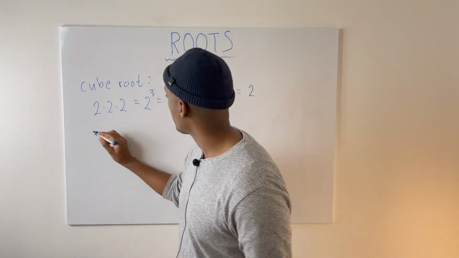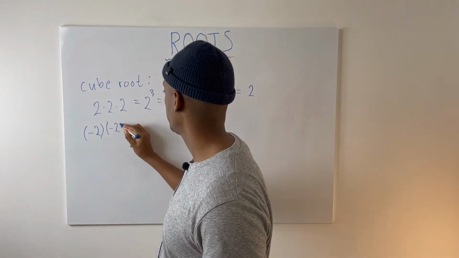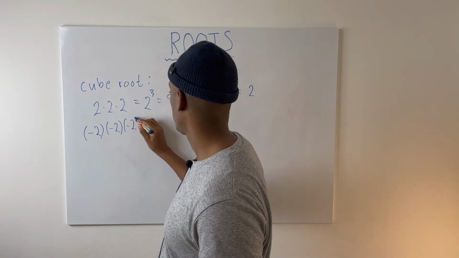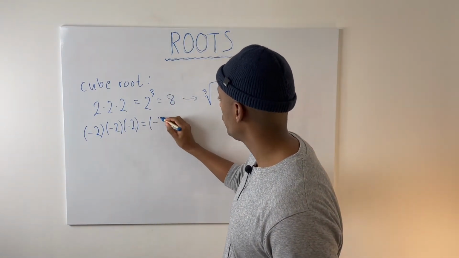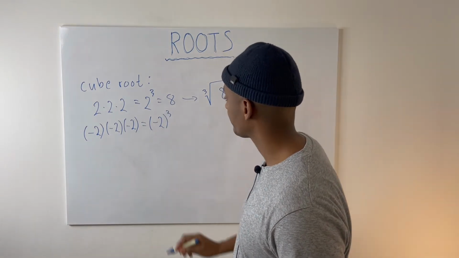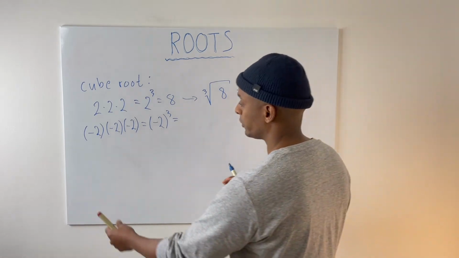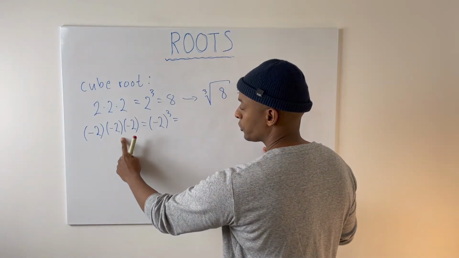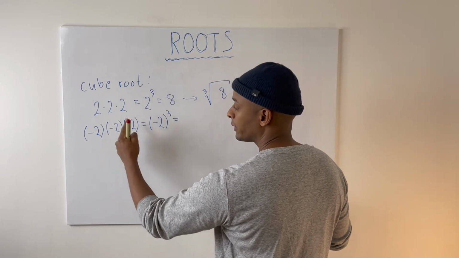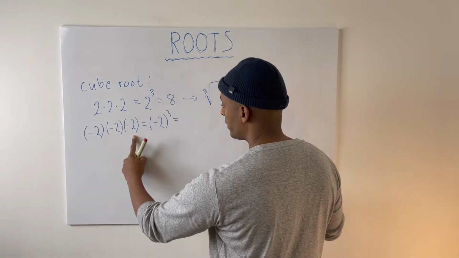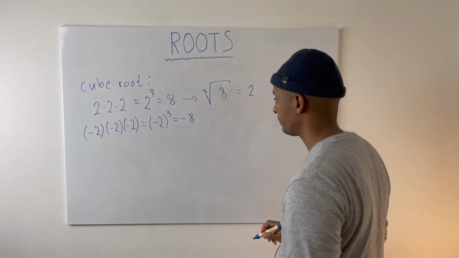Because if we took minus 2 here, 3 times, that would be minus 2 to the power of 3. But minus 2 to the power of 3 is equal to minus 2 times minus 2, that's equal to 4. 4 is a positive number, times minus 2, a negative number, is going to be a negative number. So it's going to be minus 8.